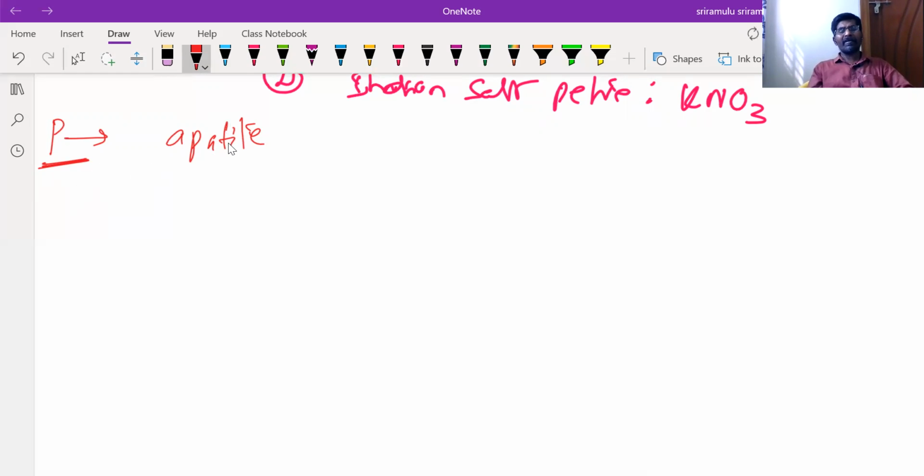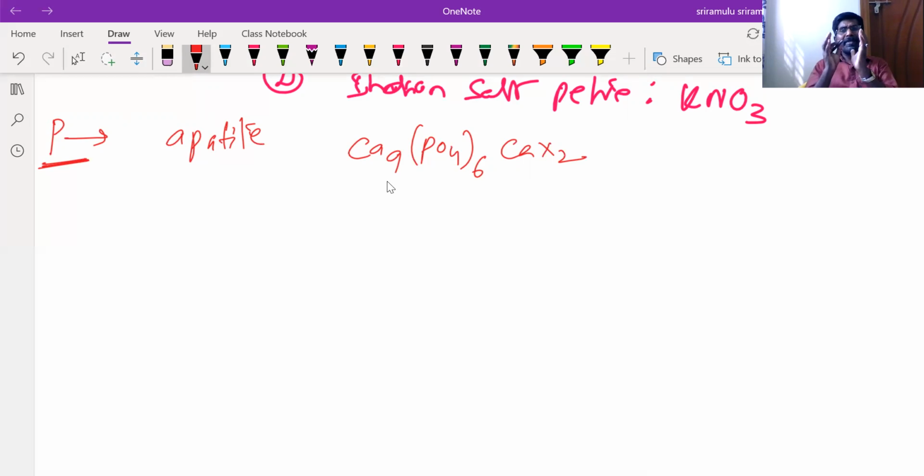What is the formula for apatite? It is Ca9(PO4)6 with CaX2, a CaX2 type compound.